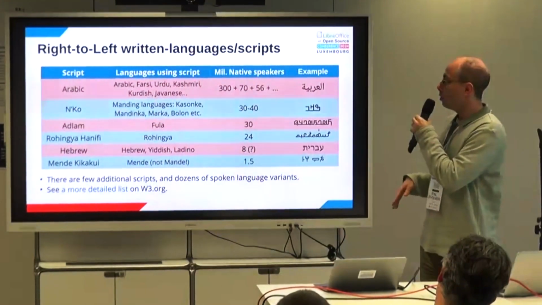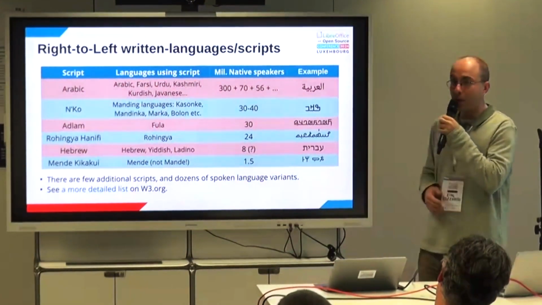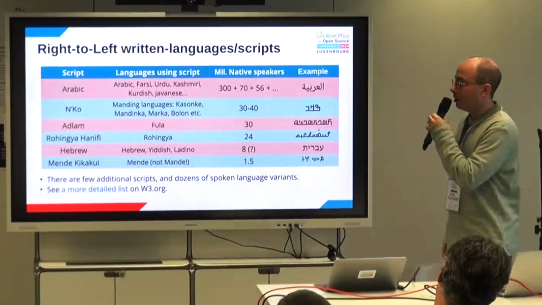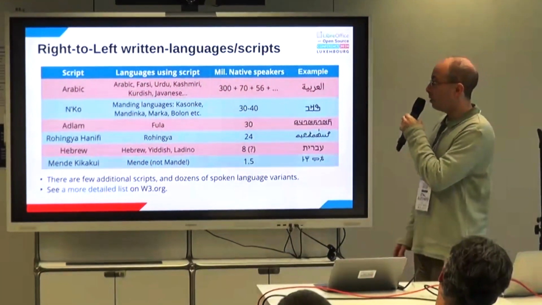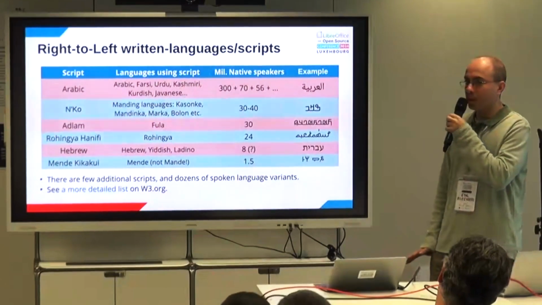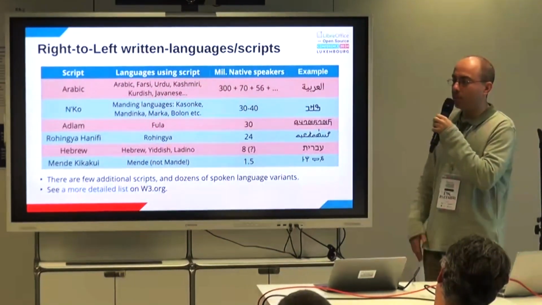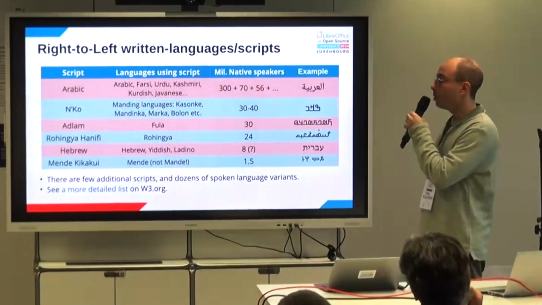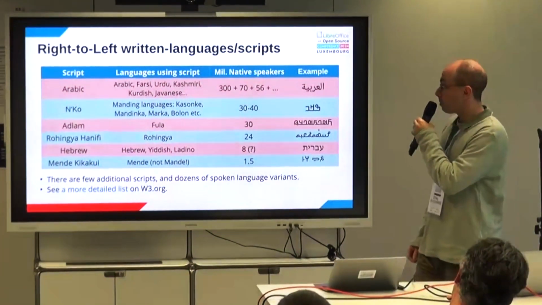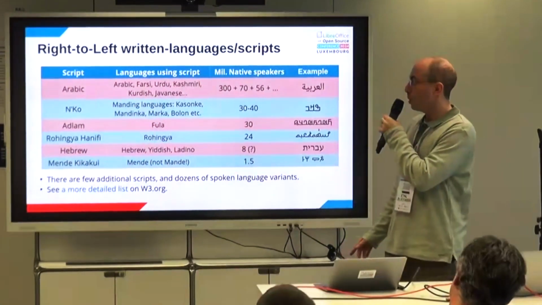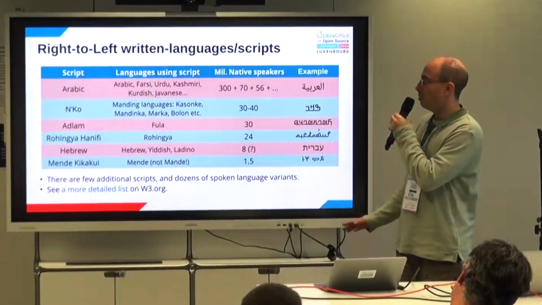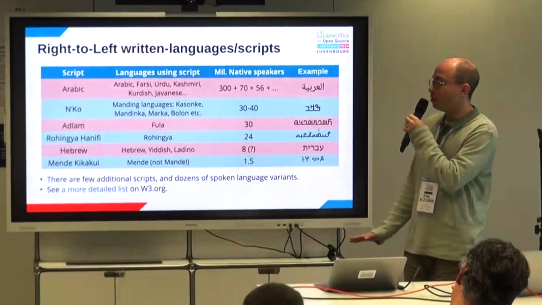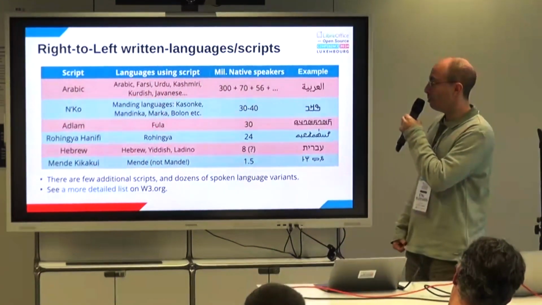Then there are two rather popular African scripts, N'Ko and Adlam, and unfortunately these are massively underrepresented in our project and user groups, etc. So this is a real problem that we have. There's also Rohingya, that's more of a mid to East Asian script near Bangladesh.